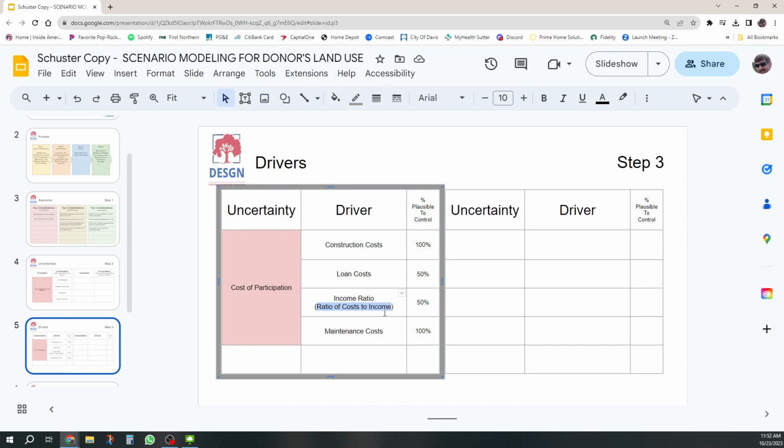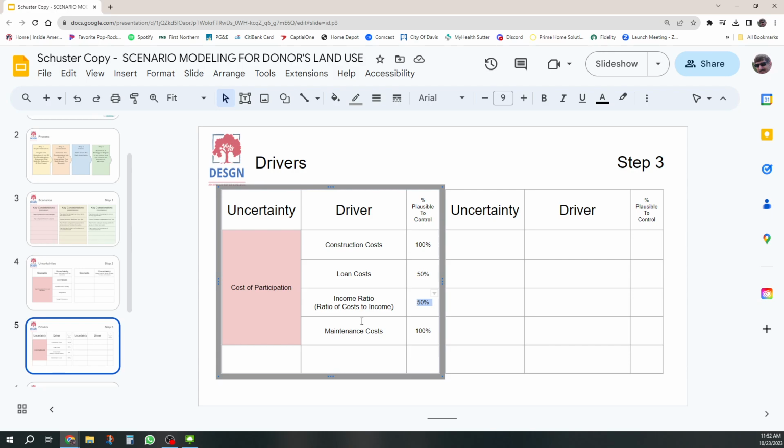You know, we don't have too much control over their healthcare costs, and maybe they have to send money back to their family in another country. Maybe they have other costs that we don't know about. Maybe they have medical costs, transportation costs, family member costs. So we have some control over that because we have some control over these two things, and we have some knowledge of the income streams of our sources.